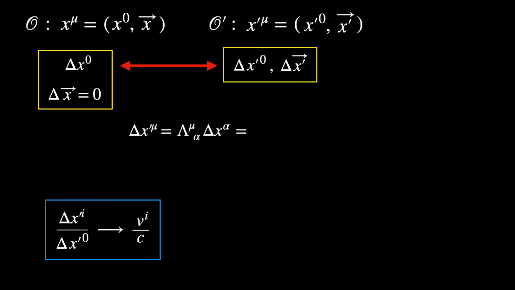Expanding the right-hand side of this equation, and using the fact that the spatial displacement in the O frame is zero, we can then use the space-time displacement of x prime to calculate the velocity, like we did in the blue box.